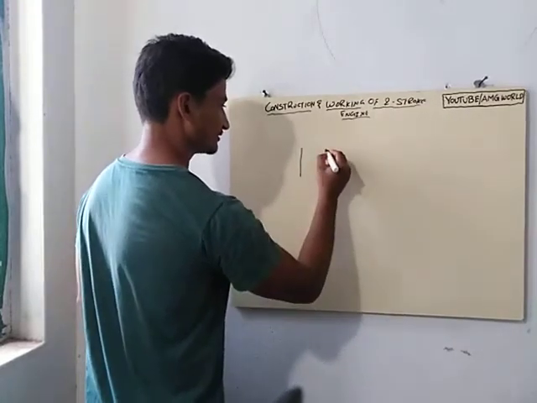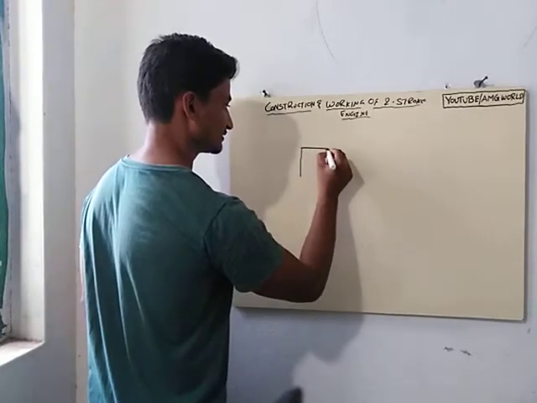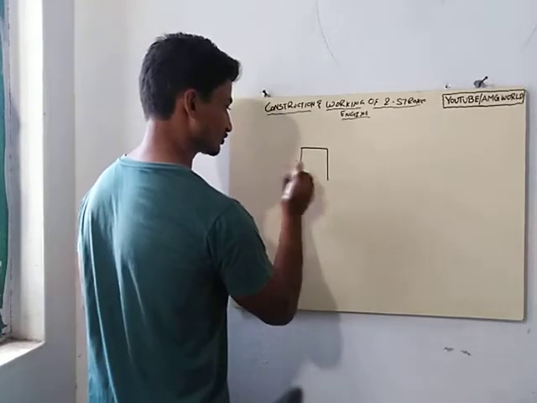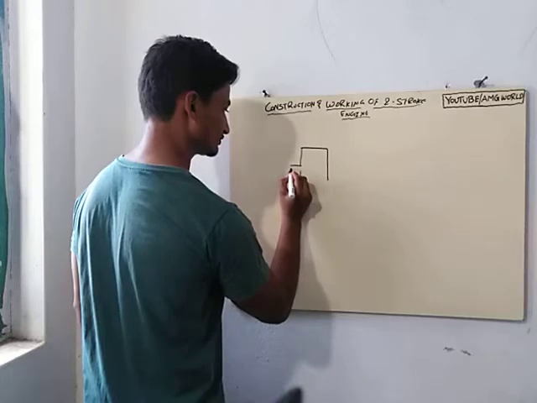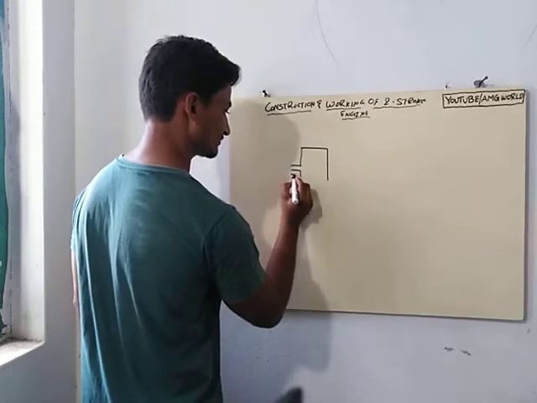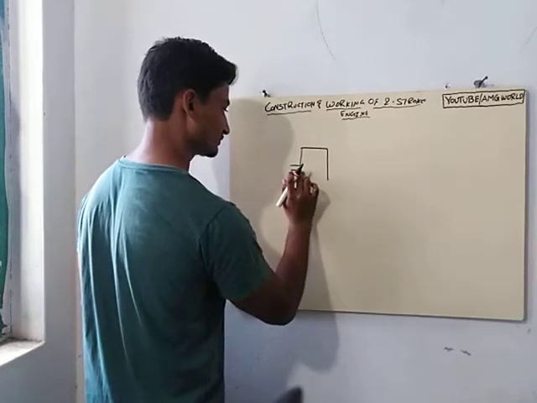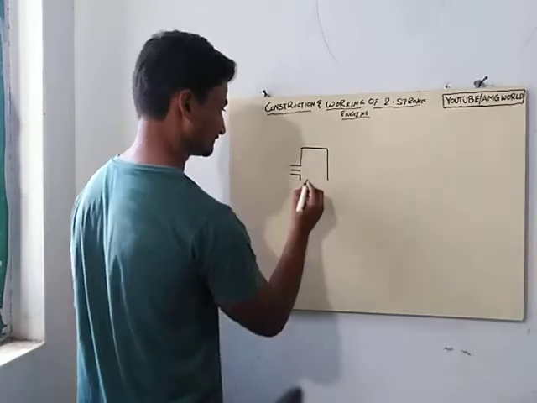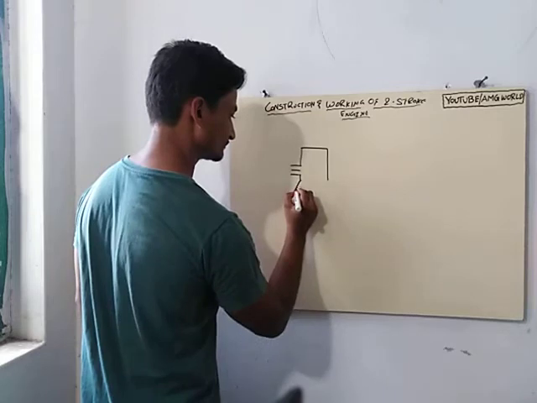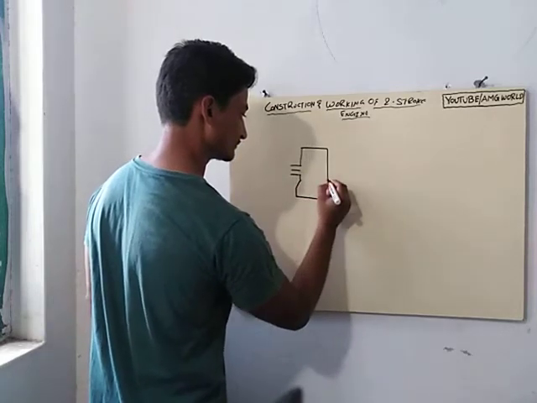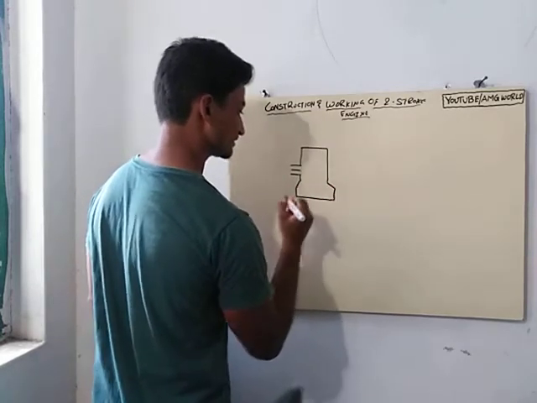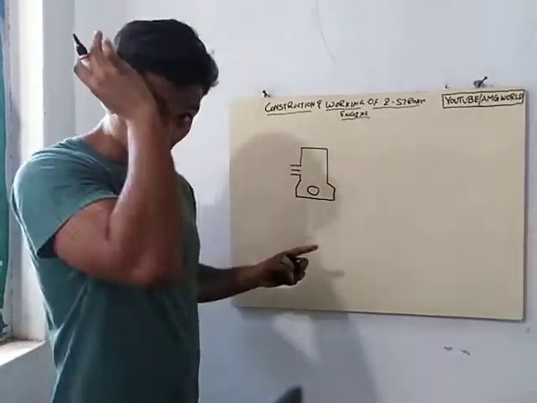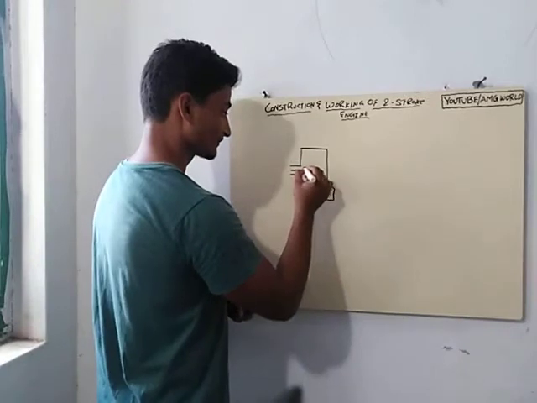This one is the cylinder. Here come 2 ports, the first port and the second port. This is the crankcase. Within this we have a crankshaft.